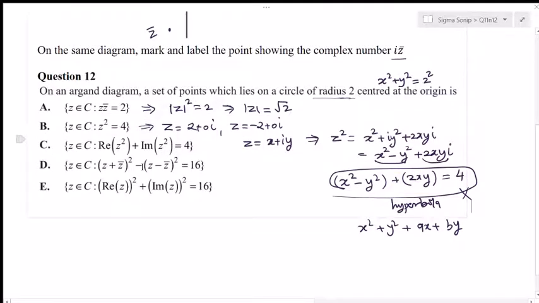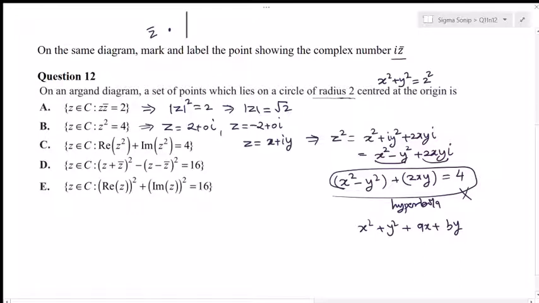Option number D is giving you z plus z bar square. When you add a complex number with its conjugate, that gives you a pure real number, basically 2 times the real part, and z minus z bar will give you 2 times the imaginary part, but with the iota as well. So I think it would be better if we work on this expression.